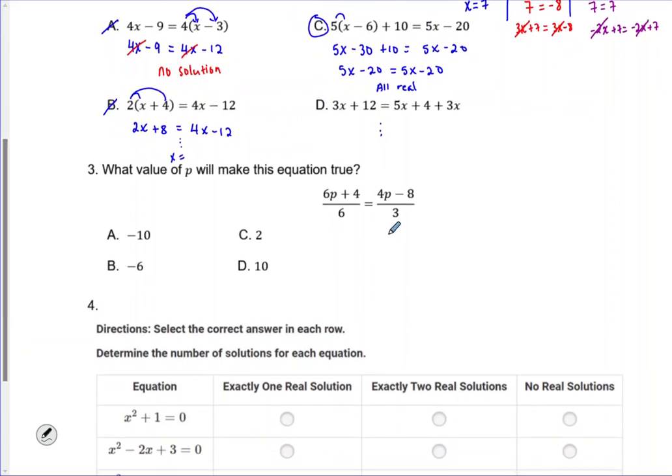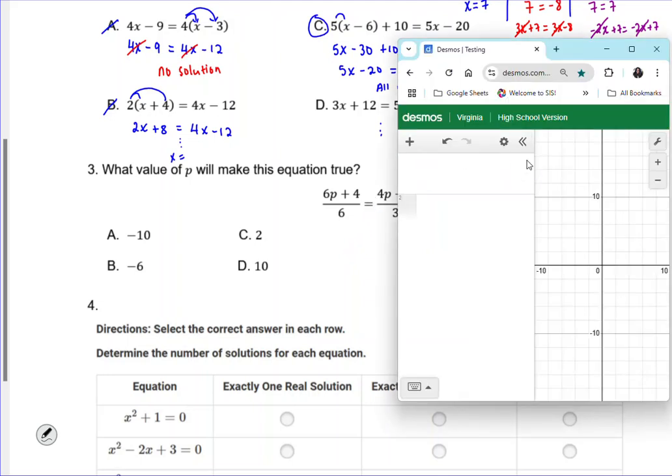All right, number 3. So this is just solving for p. I'll go ahead and do the easy way, the Desmos way, and then I'll do it step by step and show you both ways. Okay, so let's do the easy way first. Again, we're looking for a true statement, meaning the left side has to equal the right side.